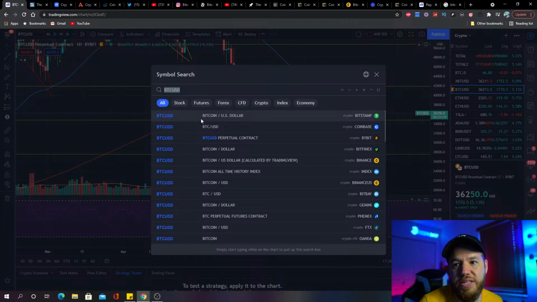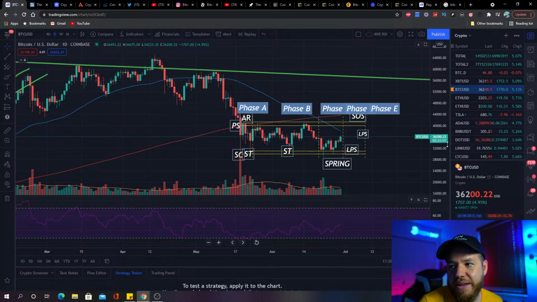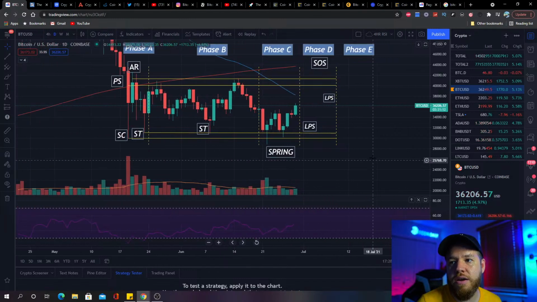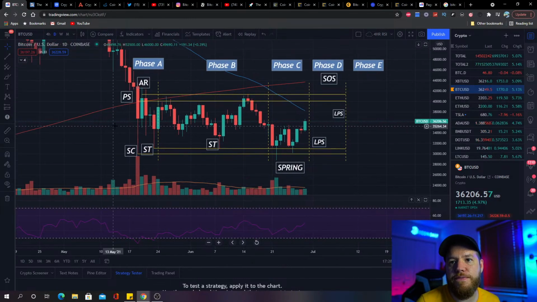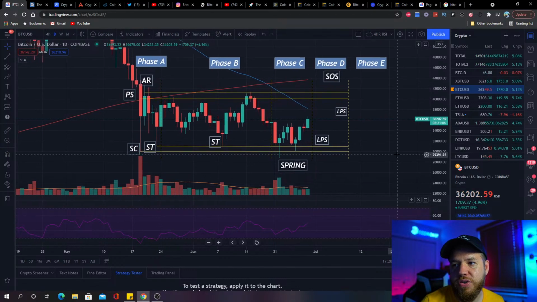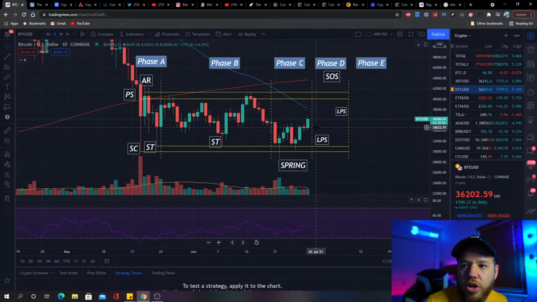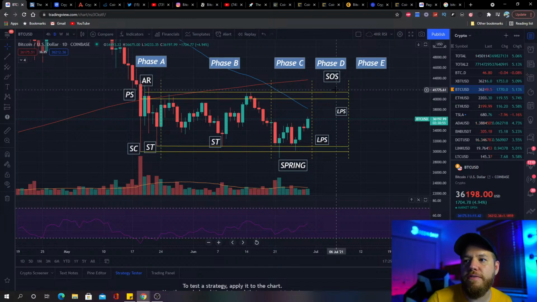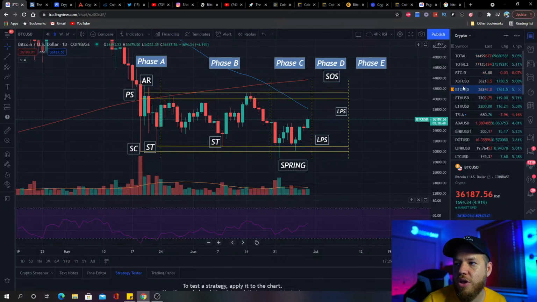If you just tuned in, I did a breakdown earlier on the stream on this right here, which is basically following this pattern step for step right now. So now that we're here, we hit that spring, we're bouncing up, we should see a higher low and then a continuation to the upside. Retest that 40 to 42 level. If that happens, then that confirms this pattern that we're watching here.